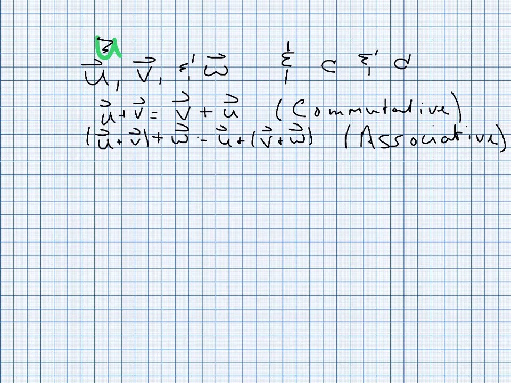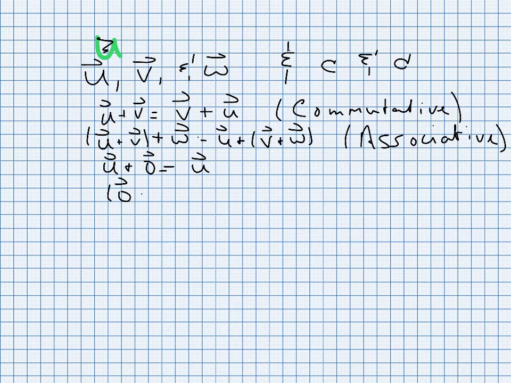We can also say that vector addition has an additive identity. So u plus the zero vector. Now, the zero vector would be 0, 0. Let's just put that in notes here.